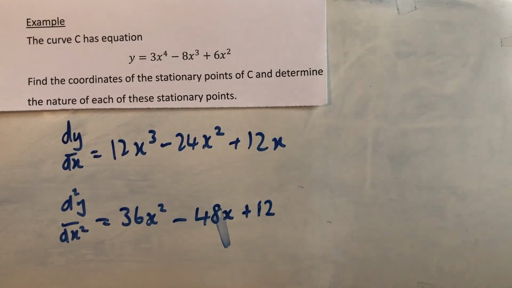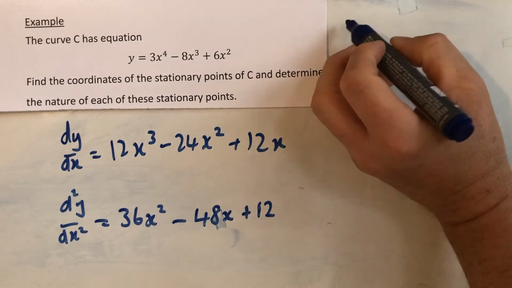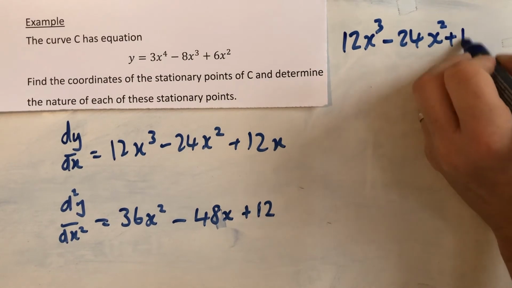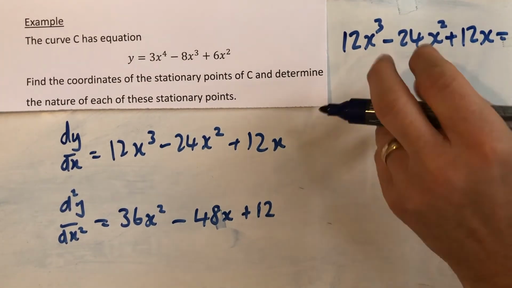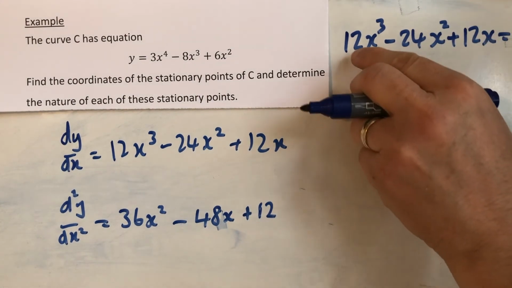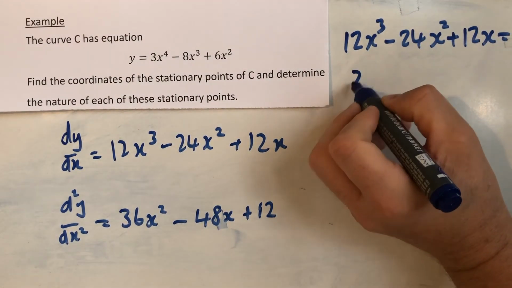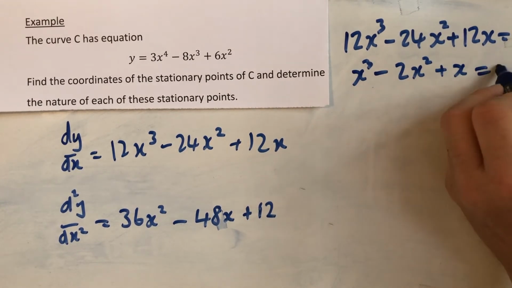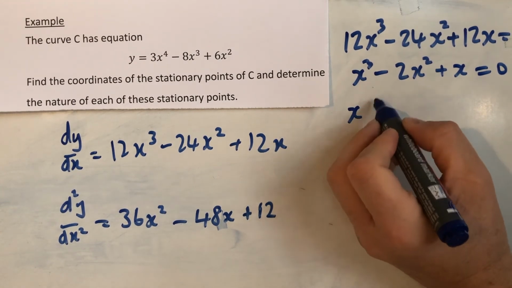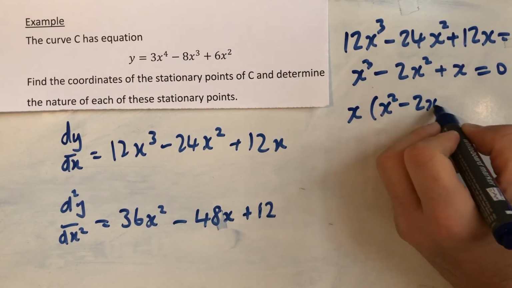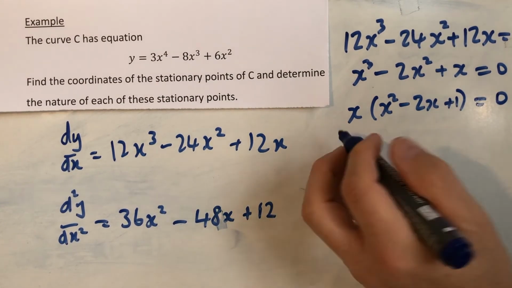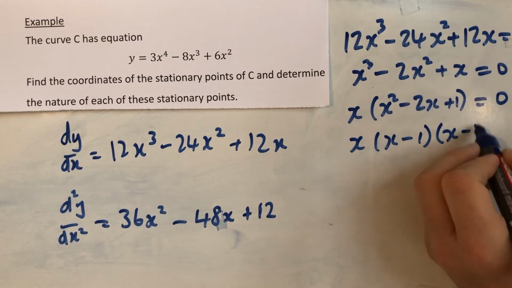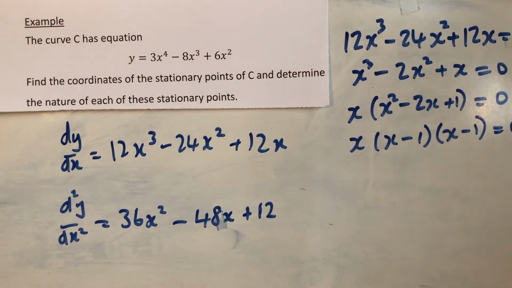So in order to find the stationary points, we need to put the first derivative equal to 0. Now again, I can make life easier by dividing everything by 12 here. So we get x cubed minus 2x squared plus x equals 0. The letter x can come outside, and that factorises to x times bracket x minus 1 all squared.